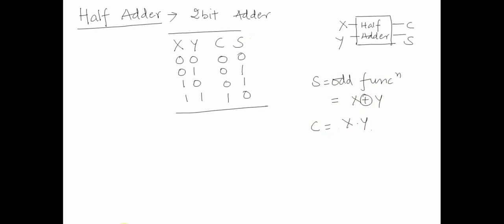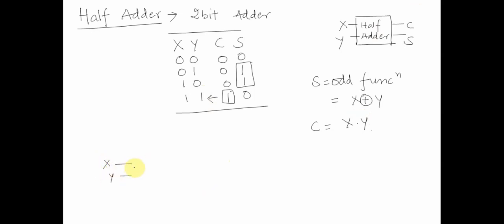Using this operation, carry is equal to 1 only when x and y are both 1. The sum is the XOR gate we have already seen, which is x bar into y plus x y bar. Basically, we have drawn a half adder circuit where I have two inputs x and y.